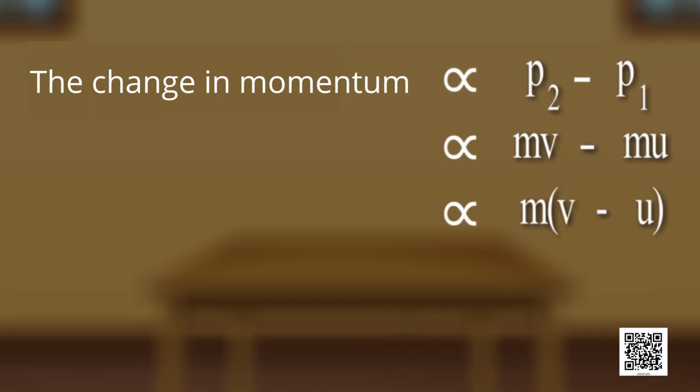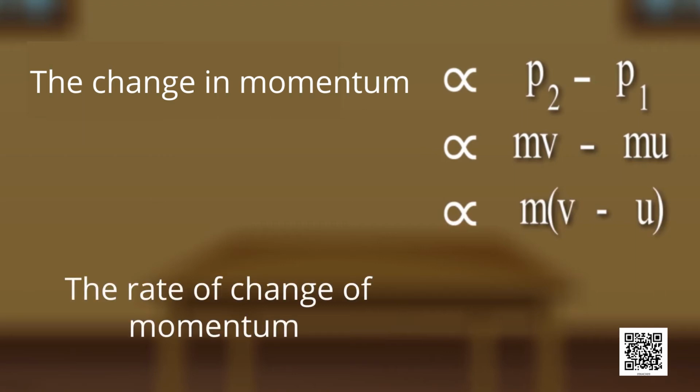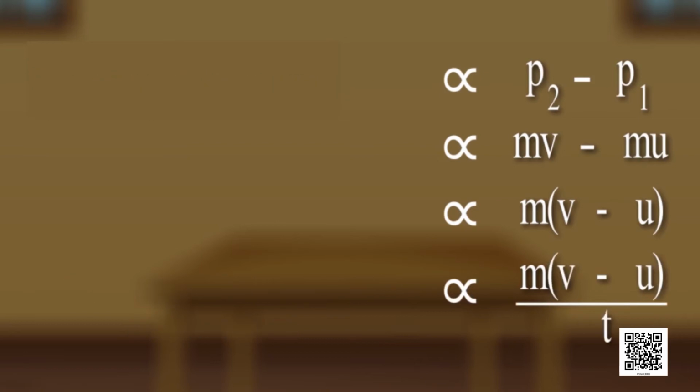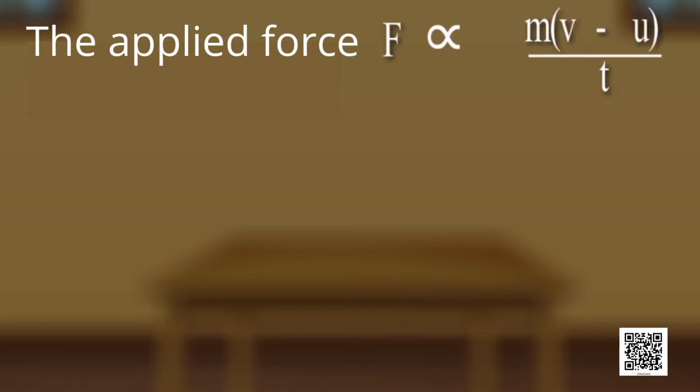Taking m common, we have m into bracket v minus u. Now, the rate of change of momentum will be proportional to m into (v minus u) upon t. And the applied force F will be directly proportional to m into (v minus u) upon t, because applied force is equal to the rate of change of momentum.